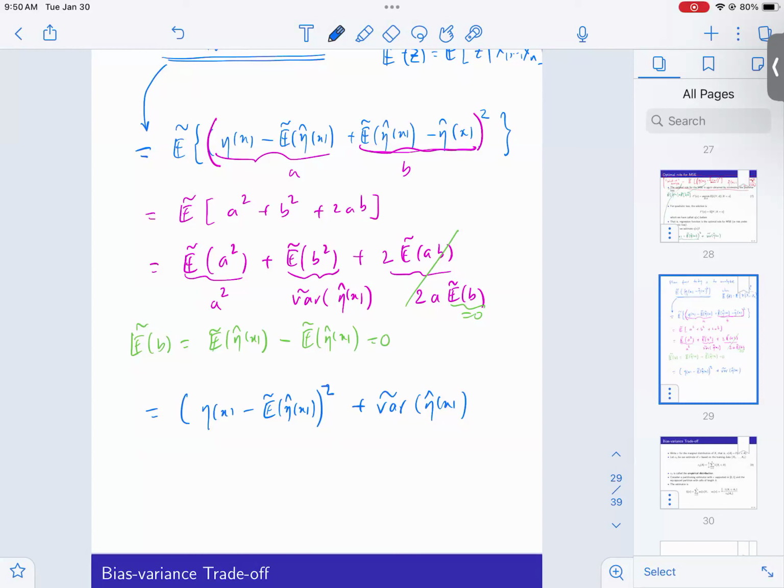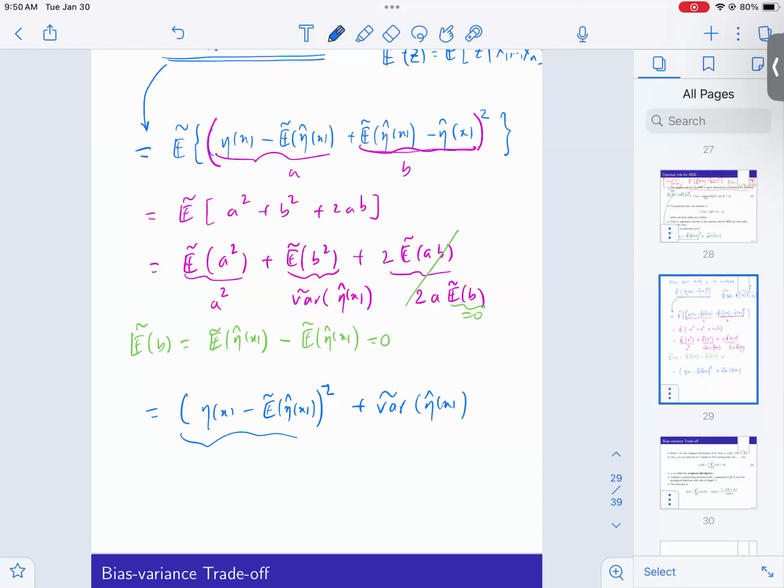This is called the bias, or bias squared. The quantity I'm trying to estimate is eta x, and this is the expectation of the estimator. So the expectation of an estimator minus the quantity of interest is the bias. What does the estimator do on average? Bias squared.